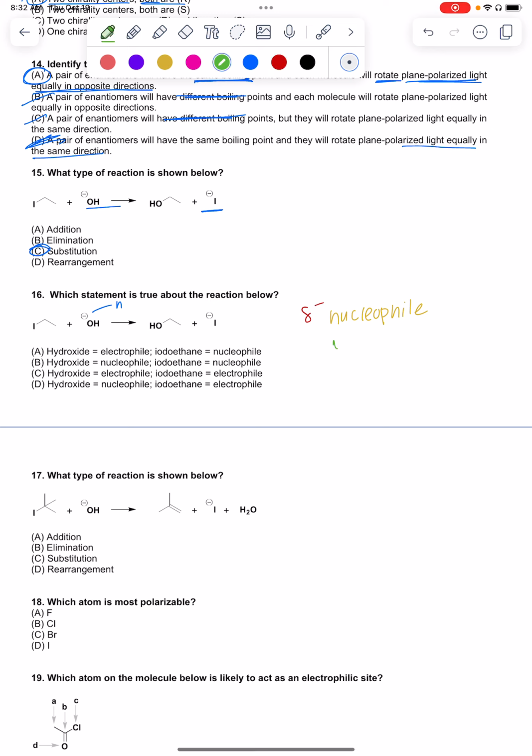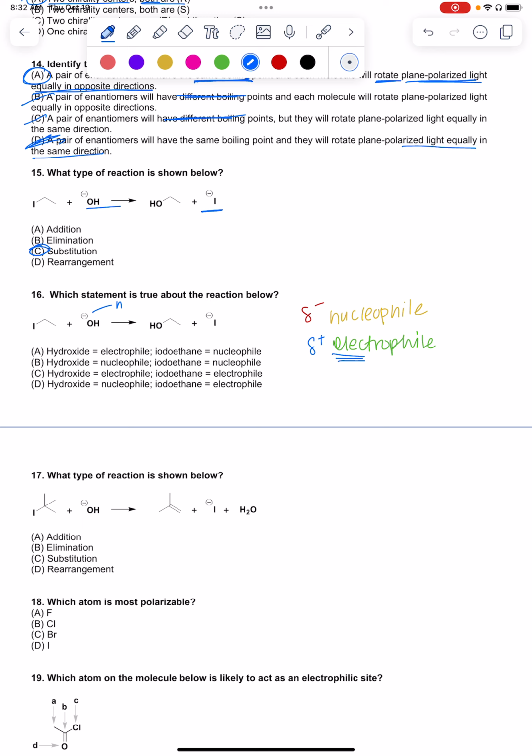An electrophile, I probably start with electrophile because it's easier for me to remember. It wants electrons really bad, so it's going to need to have a positive charge, because positive attracts negative, so it's got to be that.